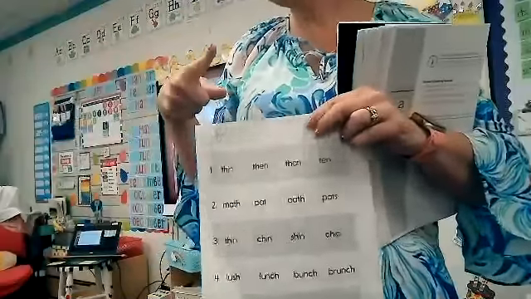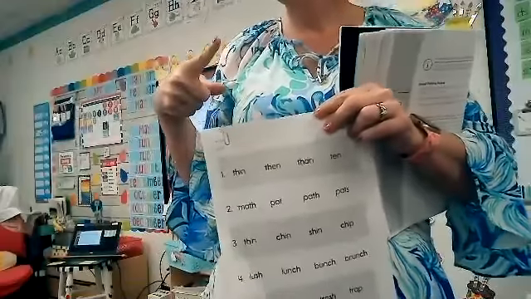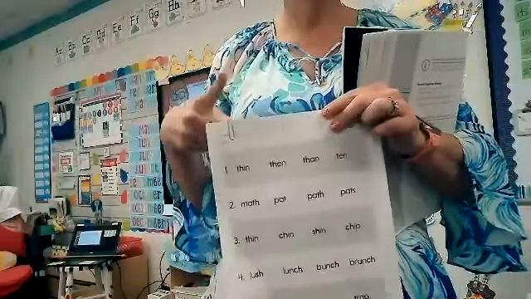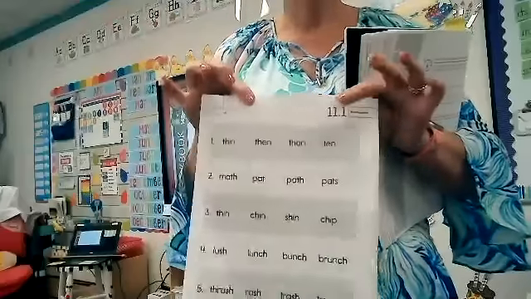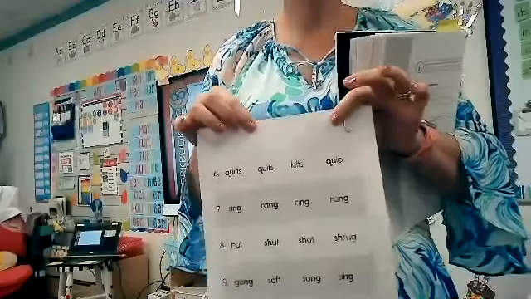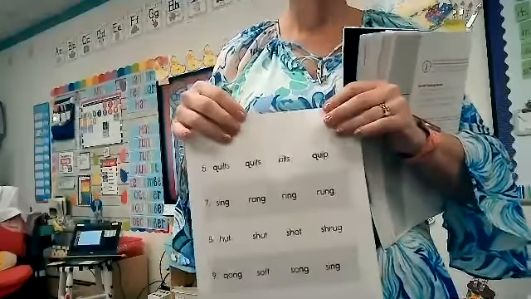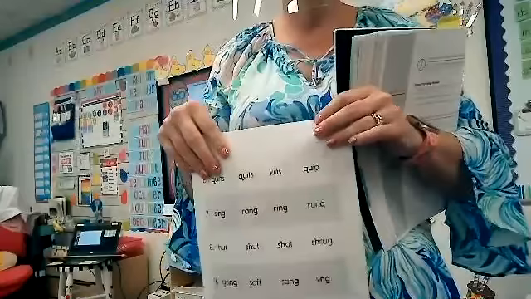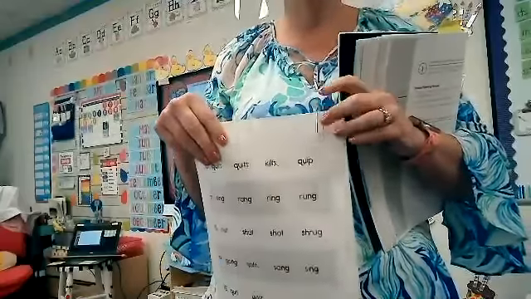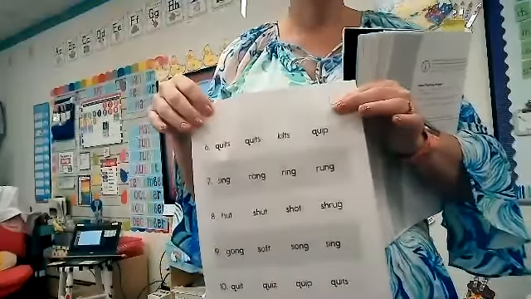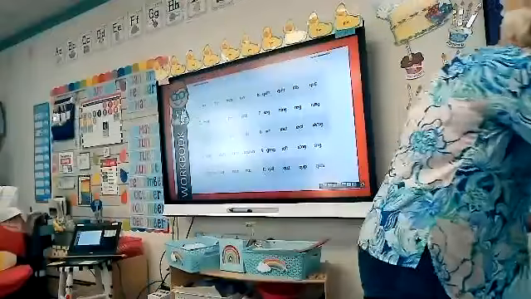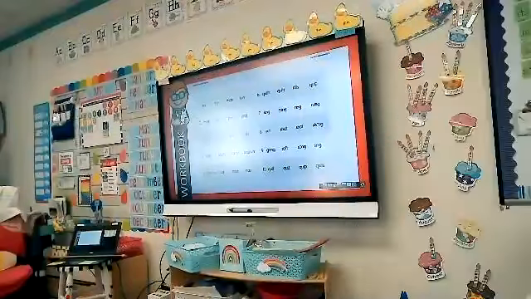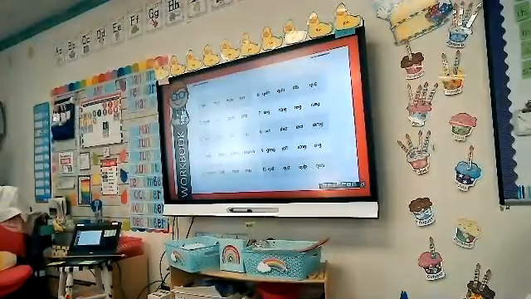When you are done with that assessment, please take a picture of both the front and the back of it for me, and just email that to me or Dojo it, however you want to do it, and I will get that and grade it for you. All right. So I'm going to pause it for a moment so that we can get ready here in class, and then I will be back to start calling out your words.